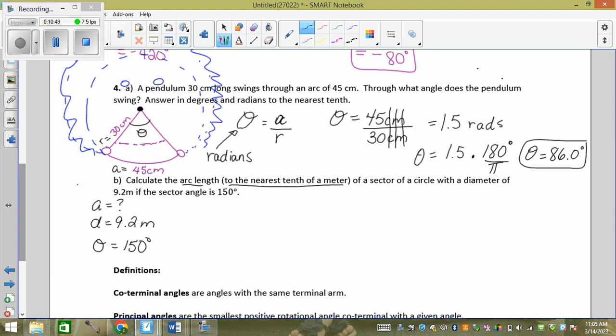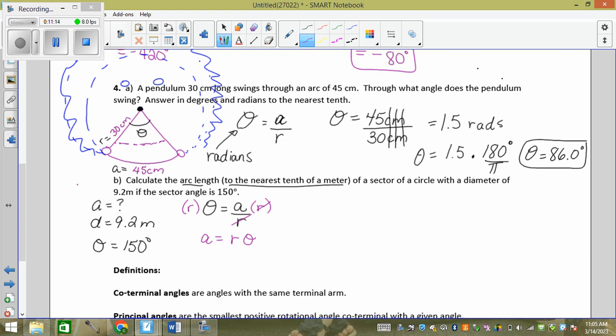We need theta equals A over R, which is our formula that's given to us on our formula sheet. I need A. How do I isolate A? Times by R. So A equals R theta.